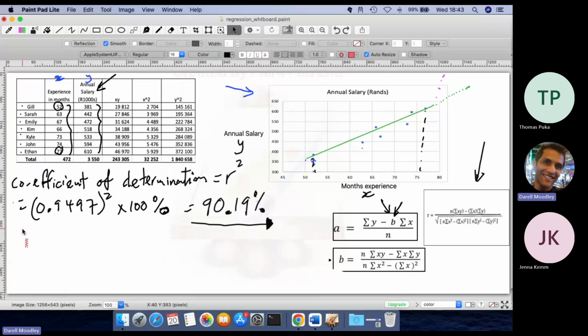Okay, what we say is, we say 90.19% of the variation of salary can be explained by your experience.